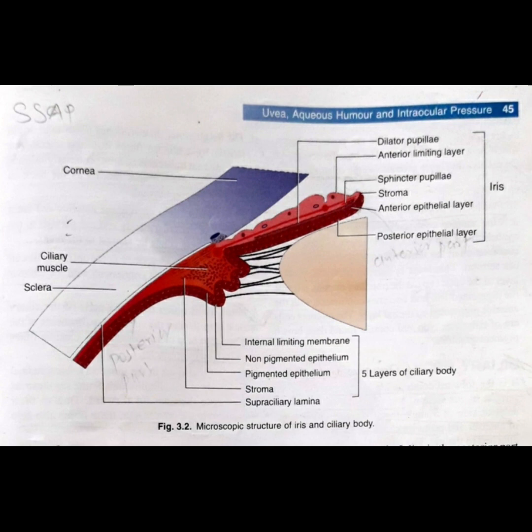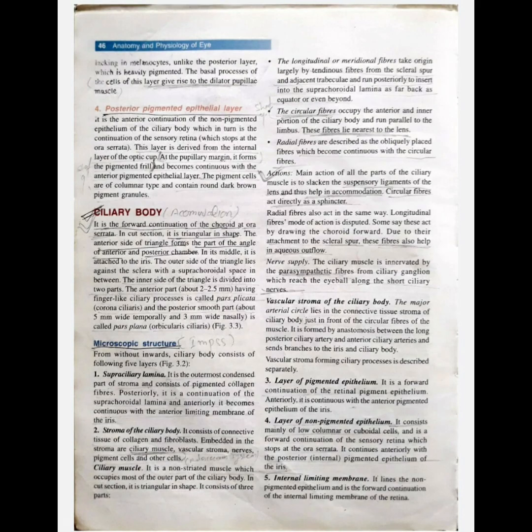Apart from the RPE, the layer of non-pigmented epithelium of the ciliary body is a continuation of that layer. Then comes the internal limiting membrane, which is also continuous with the retinal internal limiting membrane.